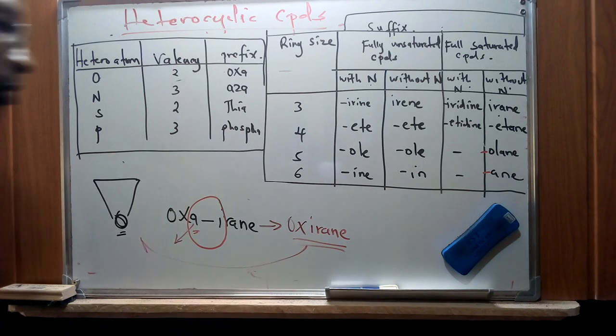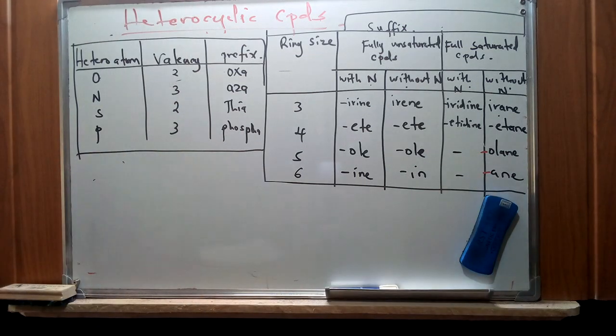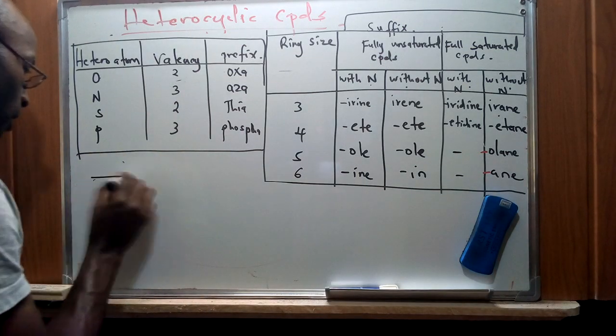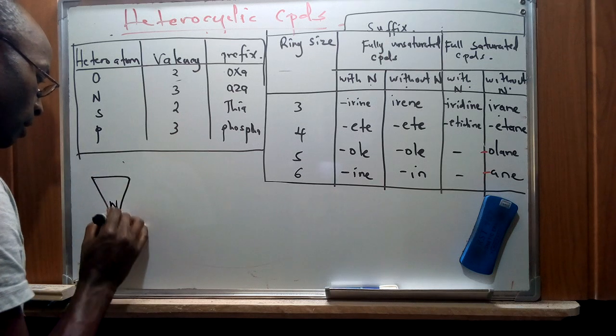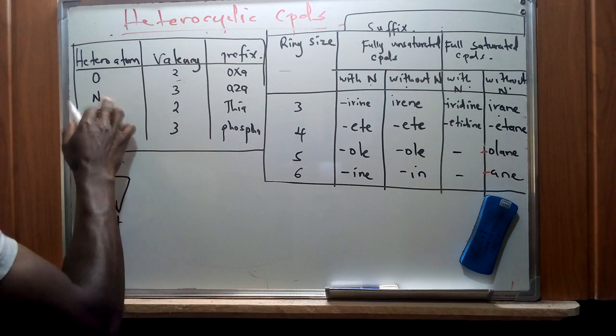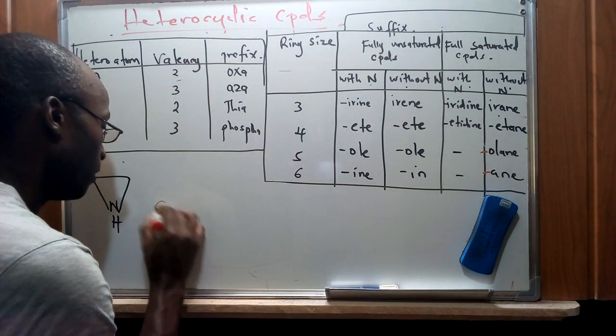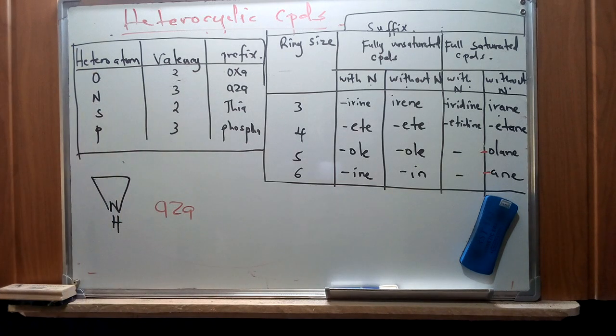Let's look at case scenario 2, where we are going to consider another compound that has nitrogen in its structure. The number of atoms in the ring for this compound is 3. Since it's bearing nitrogen, we will use the term aza for the prefix, and then we are going to look for the suffix.